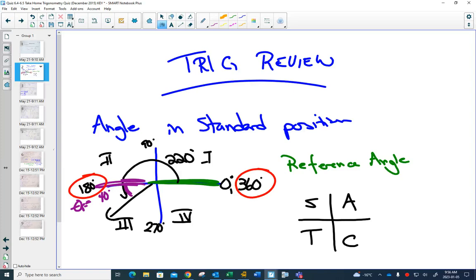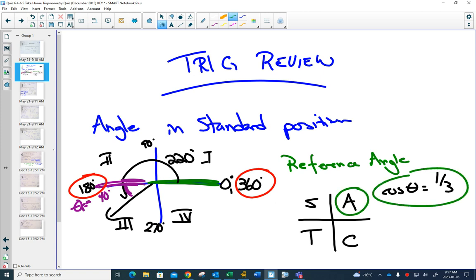So if I had cos of theta is positive 1/3, I would know that this would be in quadrant 1 or quadrant 4, because the A stands for the place where all of them are positive, and the C says that only cosine is positive.